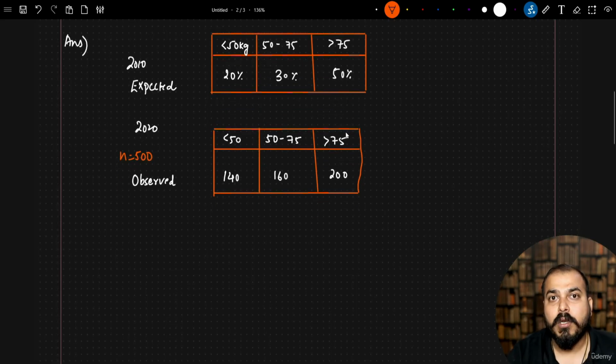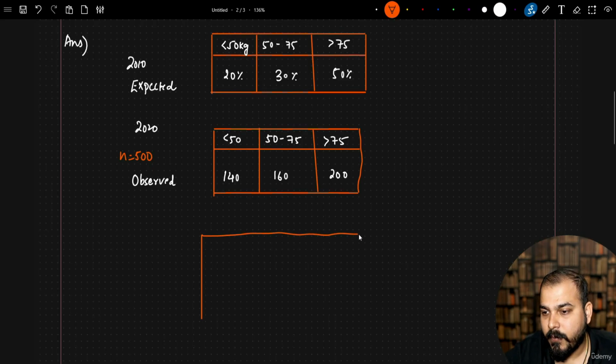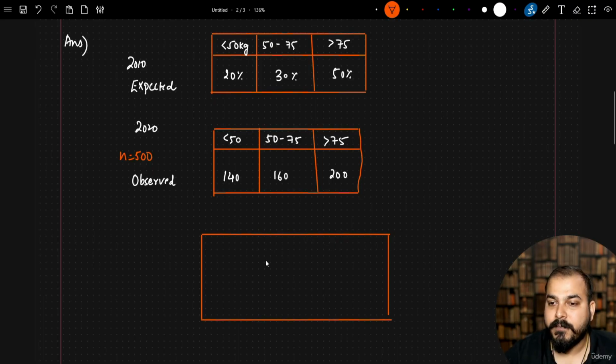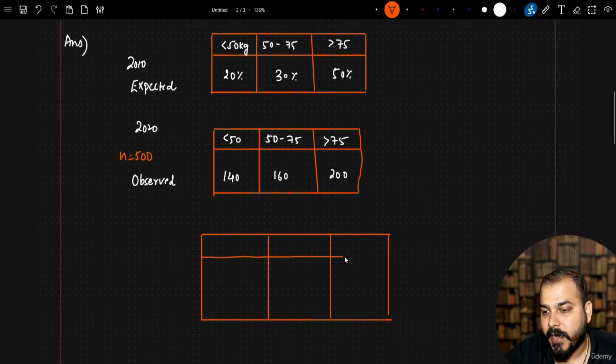Now, expected is still 20%, 30%, 50%. But what would be the expected data in 2020 based on this sample? I'll make a bigger cell so that you'll be able to understand. Now I really want to form my expected data based on the new sample that I have, with less than 50, 50 to 75, and greater than 75.